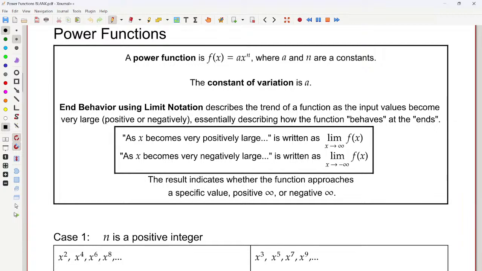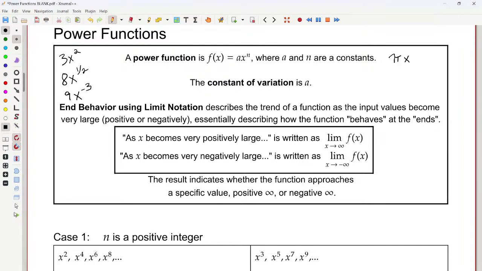All right, so a power function literally is a number times x raised to a number. For instance, 3x squared is a power function. 8x to the 1/2 is a power function. 9x to the -3 is a power function.